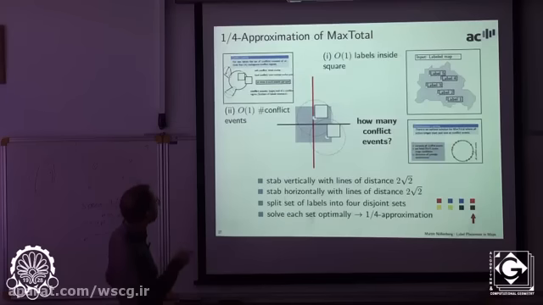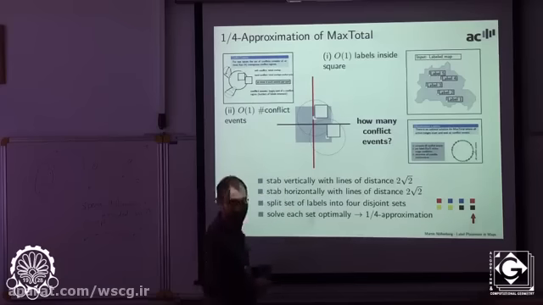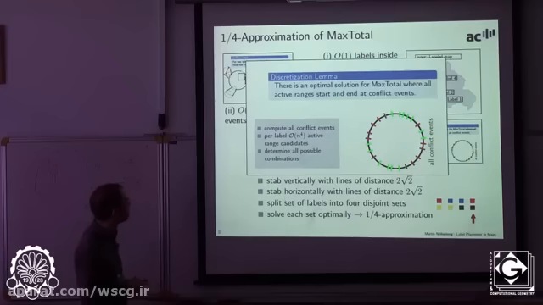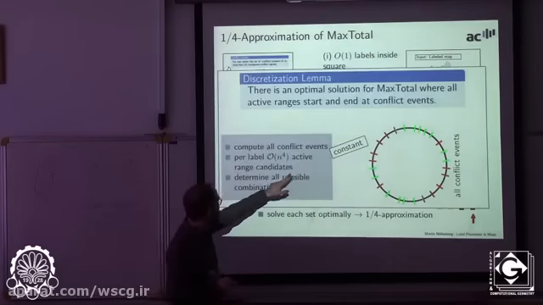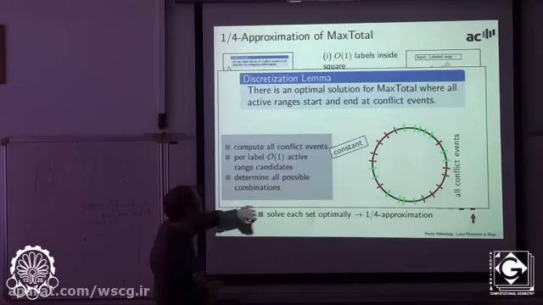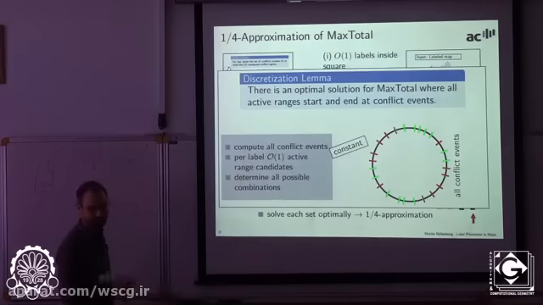This gives us a constant number of conflict events that we need to consider. This means that even by brute force we can solve one of those instances optimally. So let's zoom in. The number of conflict events is constant, for each label the number of range candidates is constant, and we can just go over all possible combinations for this tiny instance.